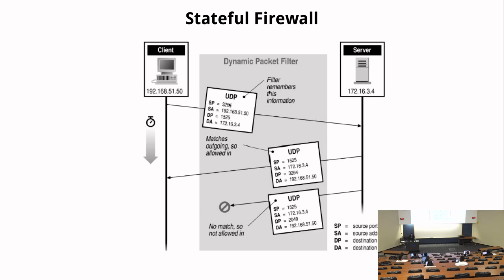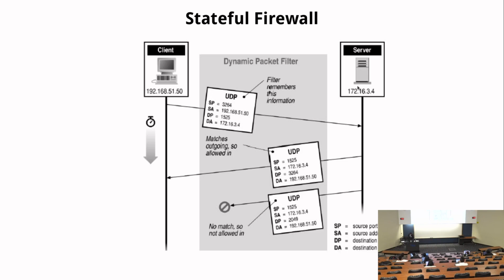You can say those are correct information. It sends this packet to the server, and the firewall in the middle tries to remember that information. The firewall remembers, I just got a UDP message like this.